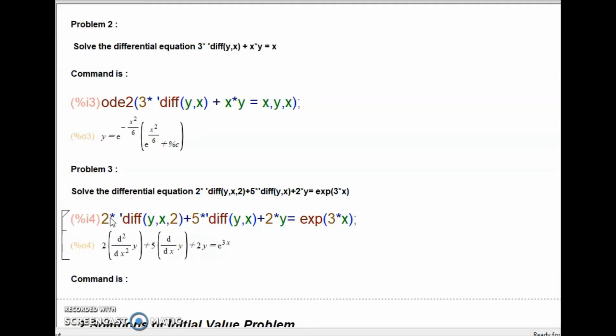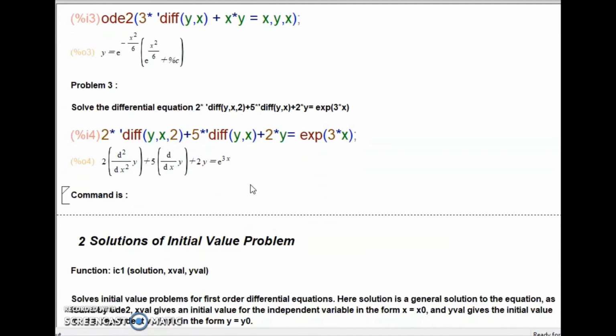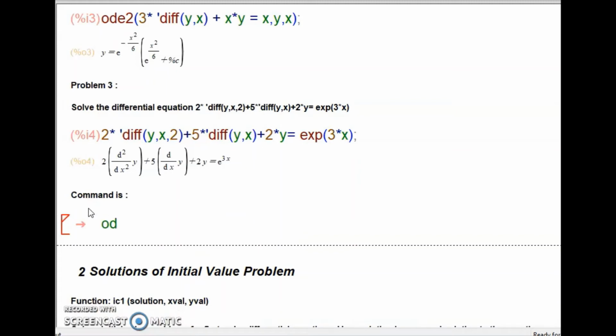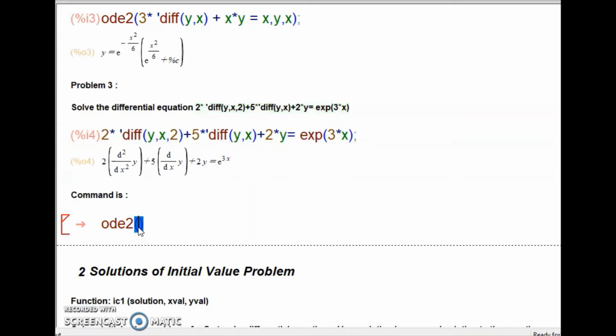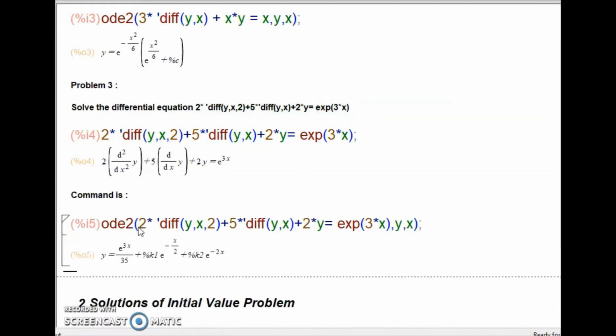See, this is your equation, and if you want to find the solution, you have to run this command. Place your cursor here, Ctrl 0 for input cell, syntax, dependent variable, independent variable. So you got the solution.